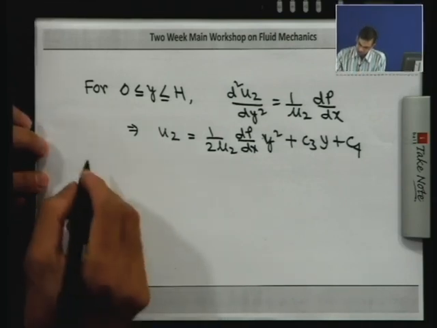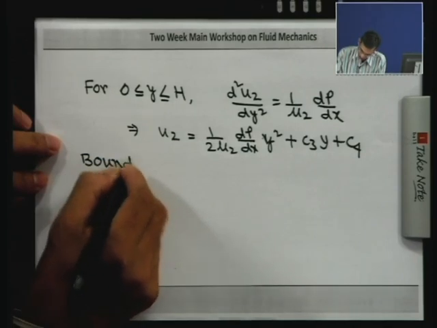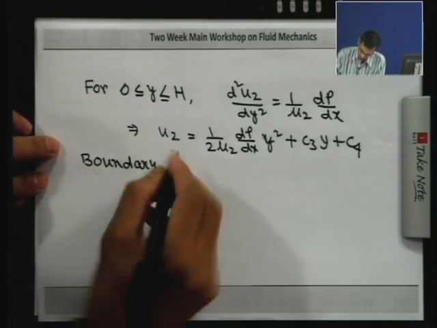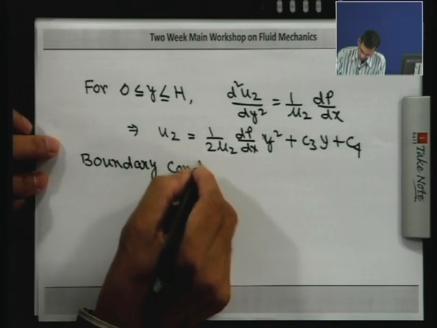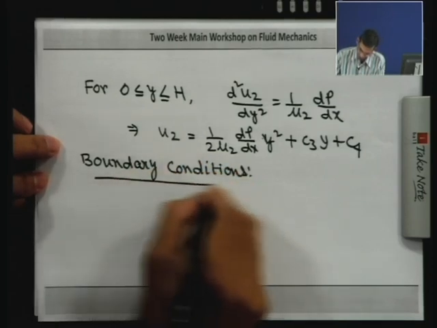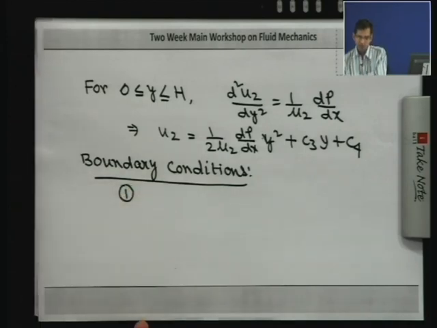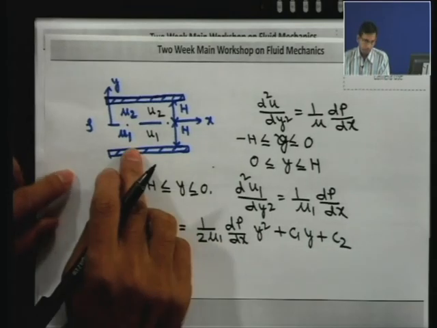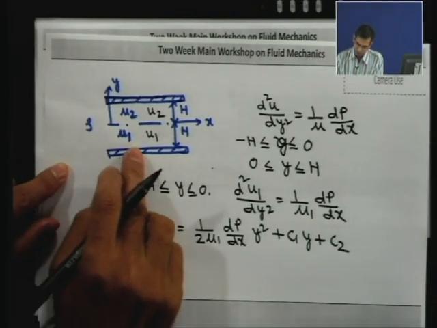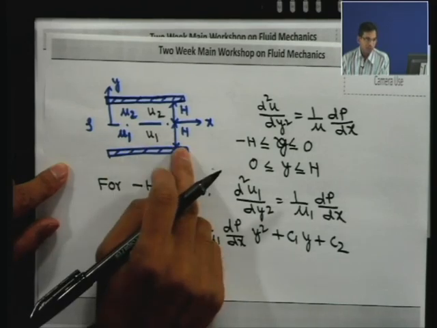Now, what are those boundary conditions? First, at the lower plate, at y equals minus h, from the no slip boundary condition the velocity u1 will be 0.